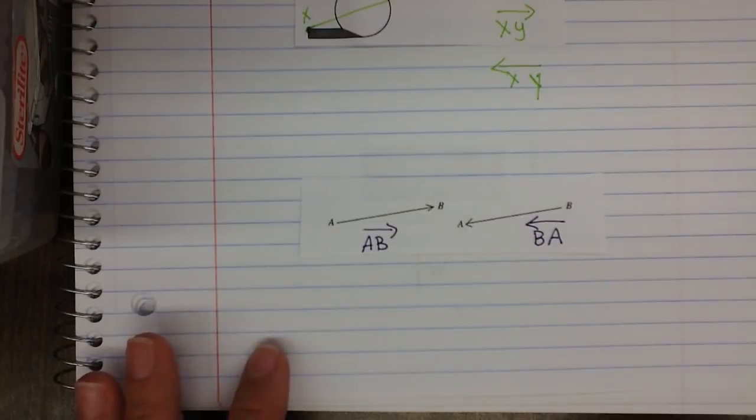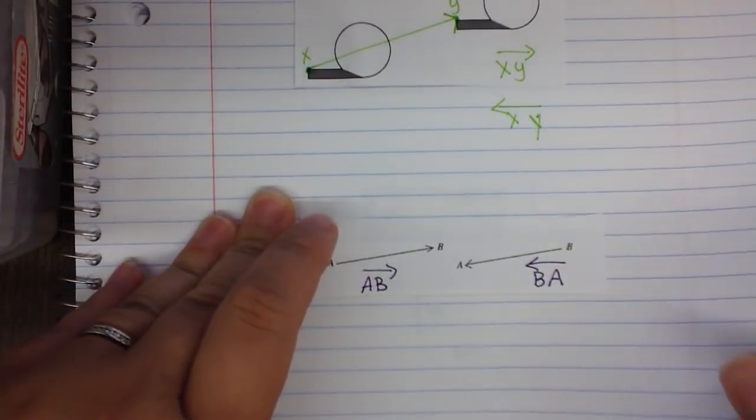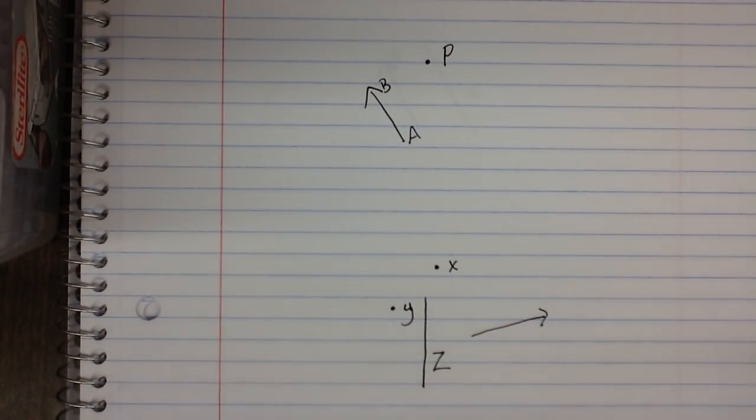And now we're just going to do some examples where we take a point and move it along a vector. What I'm going to do here is I've drawn them, and I'm just going to show you some examples using a transparency and the marker and a couple different things.